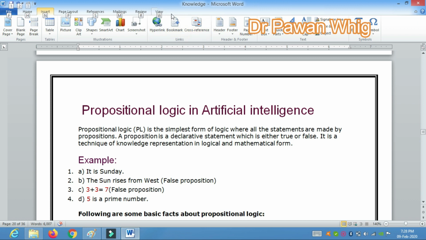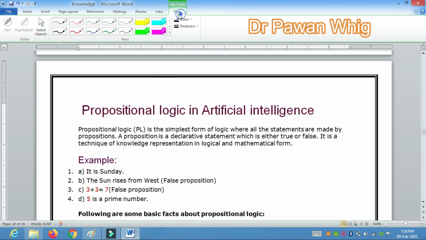So propositional logic is the simplest form of logic where all the statements are made by propositions. A proposition is a declarative statement which is either true or false.